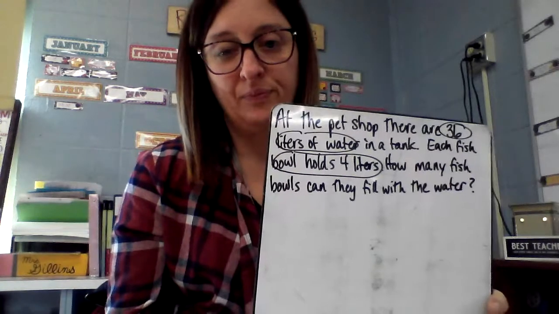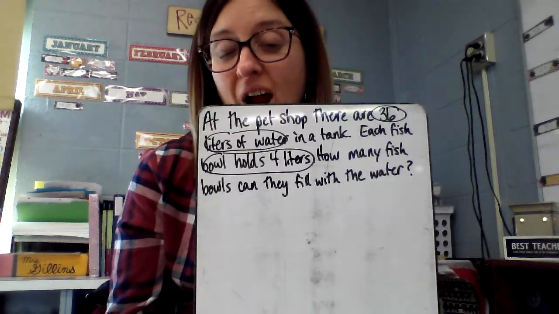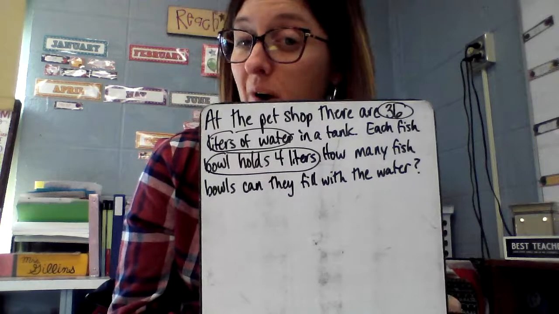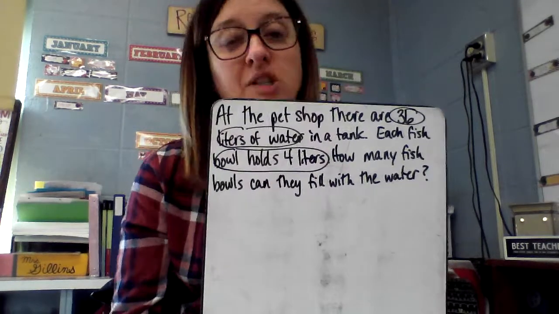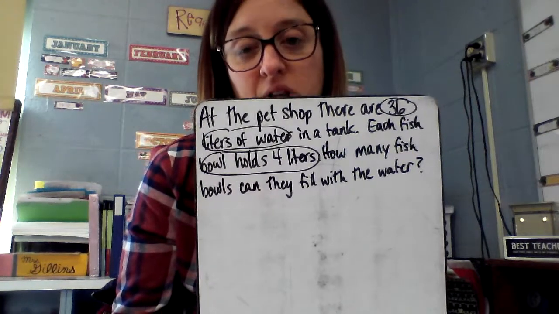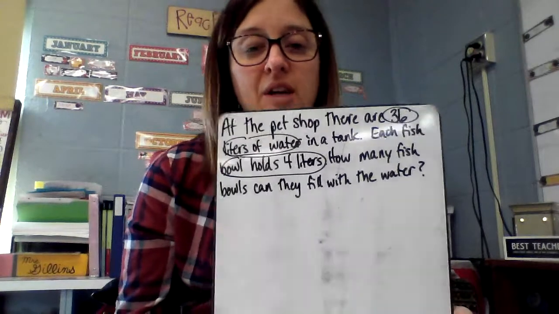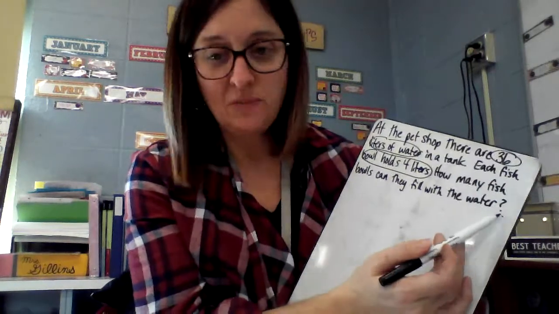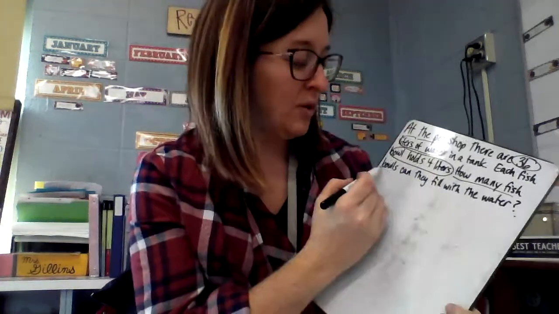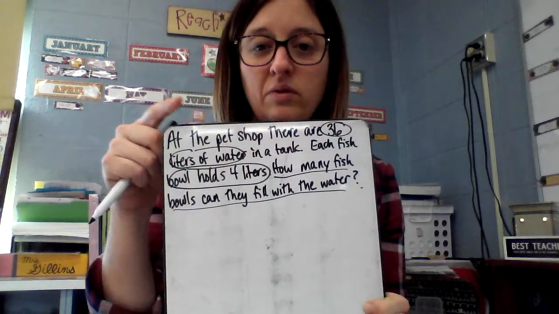Now I'm going to go back and reread it looking for that question, or what they are asking me, the sentence with the question mark on it. At the pet shop, there are 36 liters of water in a tank. Each fishbowl holds 4 liters. How many fishbowls can they fill with the water? So the sentence with the question mark says, how many fishbowls can they fill with the water? So I know my total amount of water.